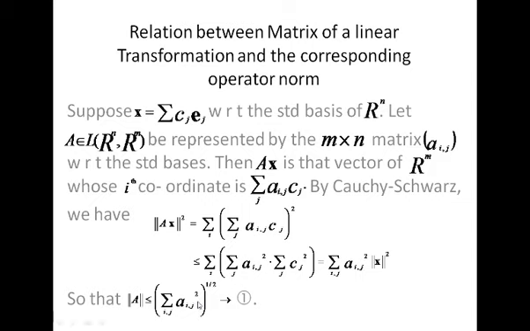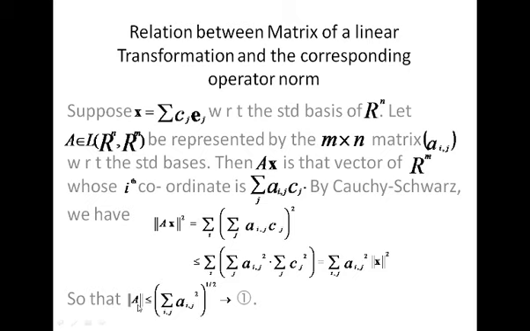Now, if q is close to p, then aij of q is close to aij of p. So the modulus of this can be made as small as you want, the sum over i, j can be made as small as you want, and the whole to the power 1 by 2 can be made as small as you want. That means norm of Ap minus Aq can be made as small as you want, so Aq is close to Ap. So what is the conclusion?